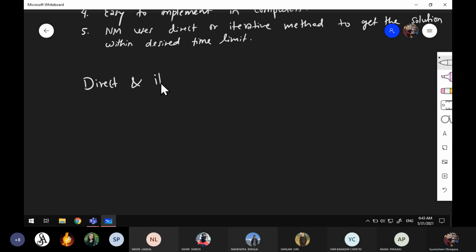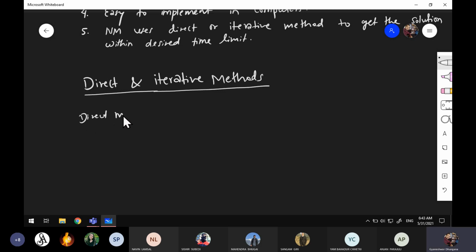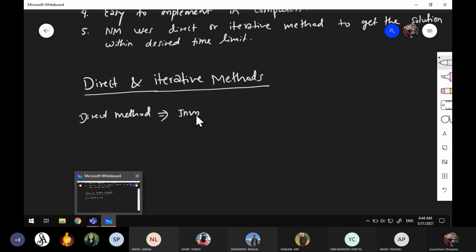Direct and iterative methods. Okay, direct method means, in this type of numerical method, it involves a fixed number of steps, and after following those fixed number of steps, we will get to the solution.